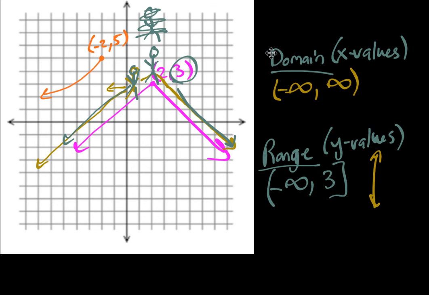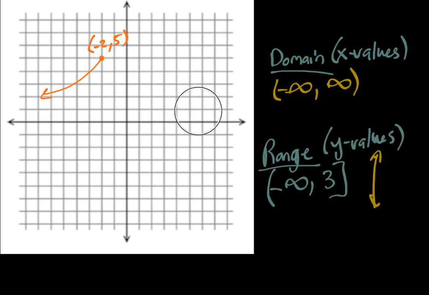Now we're going to look at this orange graph. I'm going to erase all this and look at it the same way. When I'm talking about domain, if I walk to the left, I could walk infinitely because this graph goes on infinitely. So my domain now would start at negative infinity.